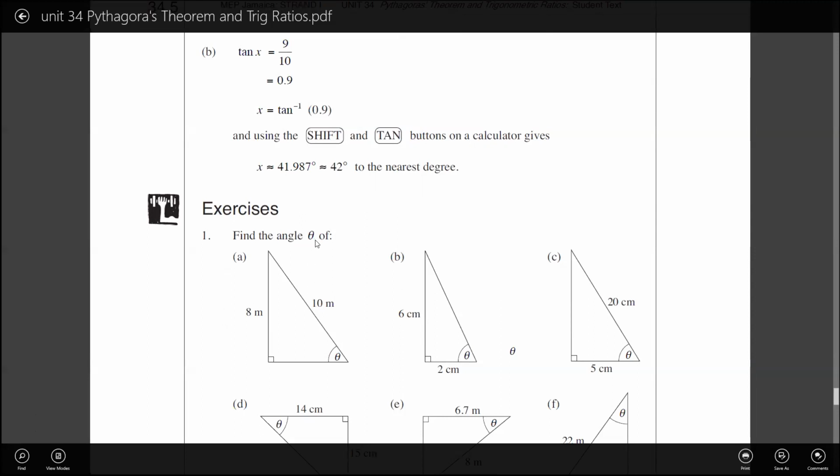If I were to pick at random again, so you're relating hypotenuse to the opposite. So basically sine, so what you have is sine theta is equal to 8 over 10, which is equal to 0.8. Once you reach sine theta is equal to 0.8, now you need to find out what theta is. So you take the inverse of sine.